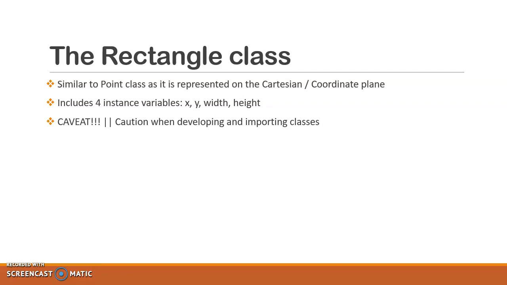As a heads up, if you create a class called Rectangle and then attempt to import the Rectangle class, you will get an error. You cannot name a class the same name as a class you are trying to import. So, if you're creating a class that will import the Rectangle class, use a class name like MyRectangle or Rectangle1. Okay, just as a heads up.